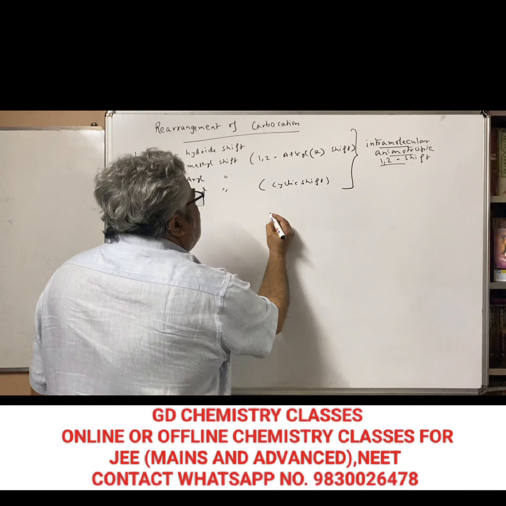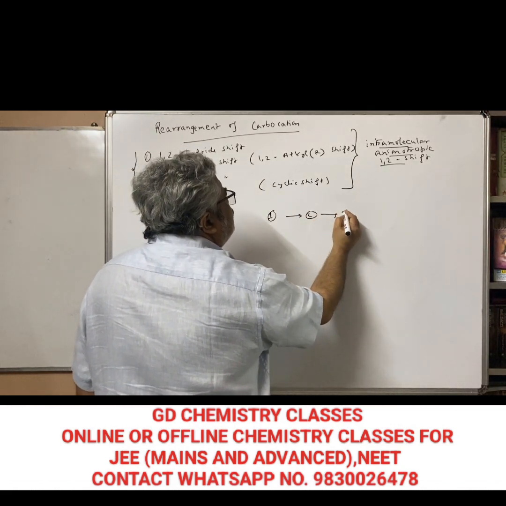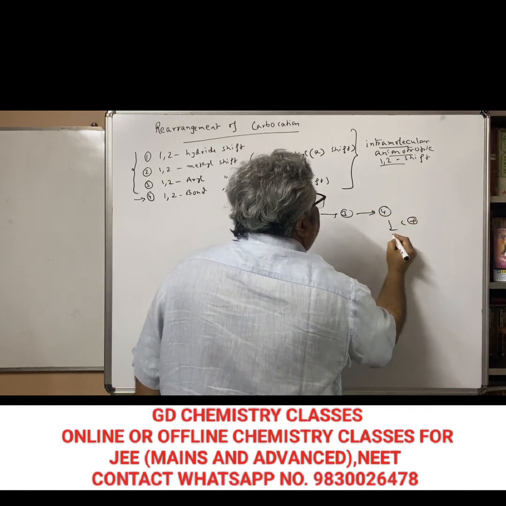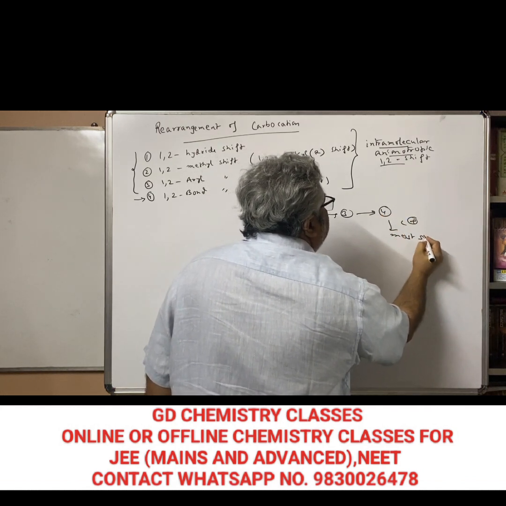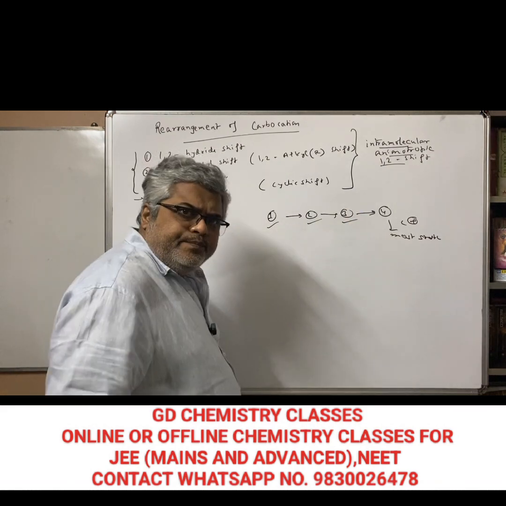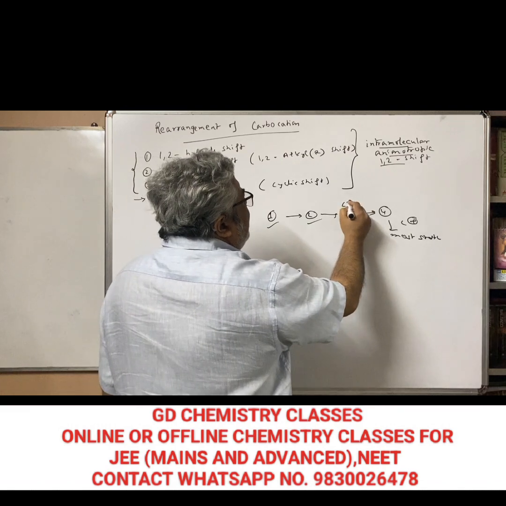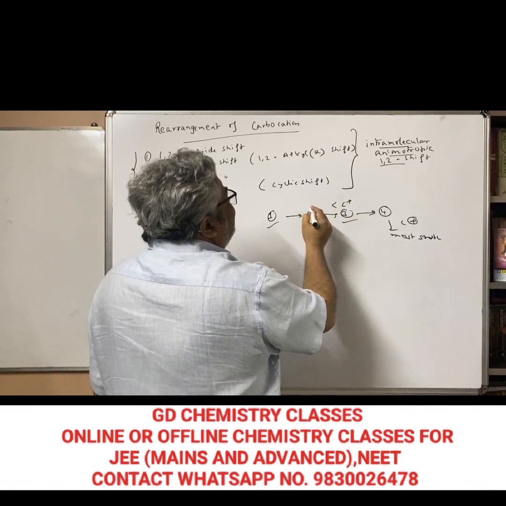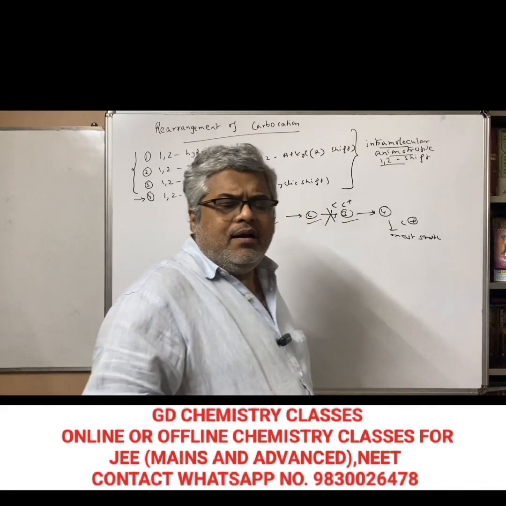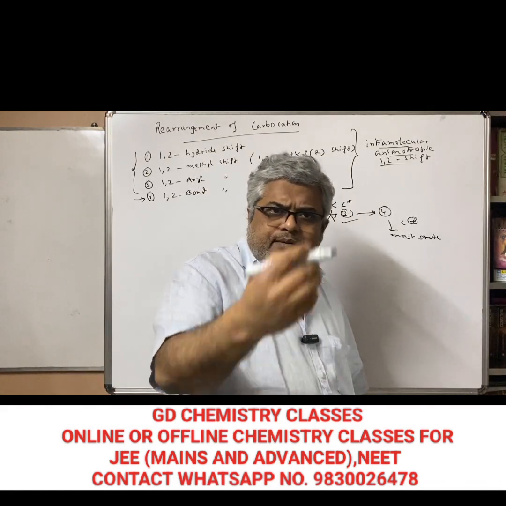Suppose I am going from 1 to 2 to 3 to 4 carbocation, and suppose this 4 carbocation is the most stable one. It is more stable than 1, than 2, than 3. But suppose somehow this 3 carbocation is less stable than 2 or 1, then obviously this won't occur, because I started with the discussion that the rearrangement will only occur when, because of the rearrangement, we are getting a more stable carbocation.